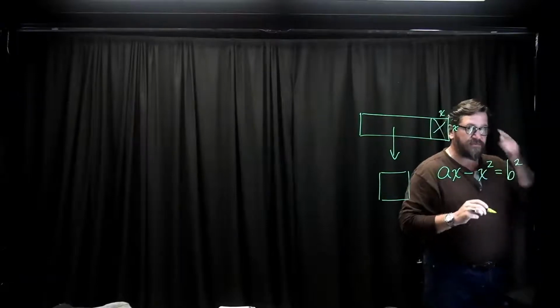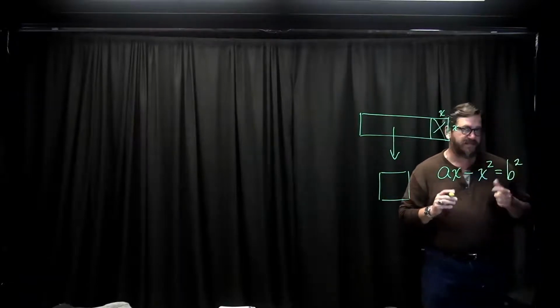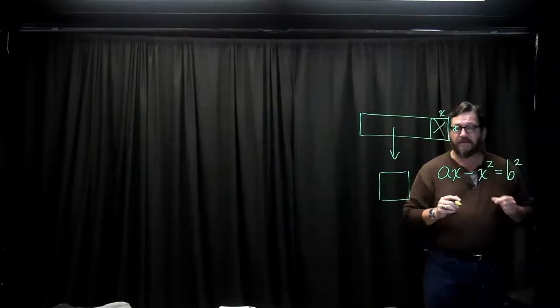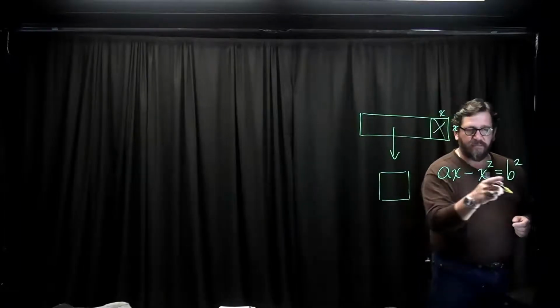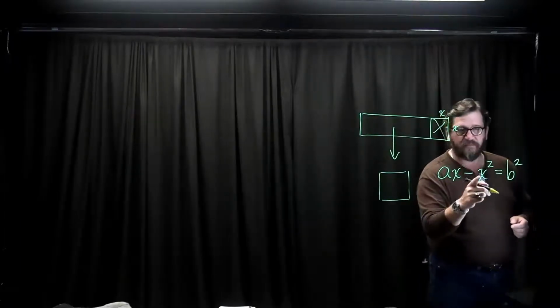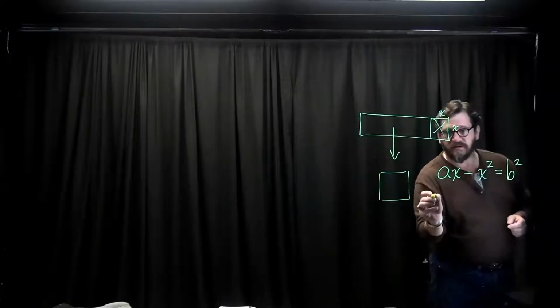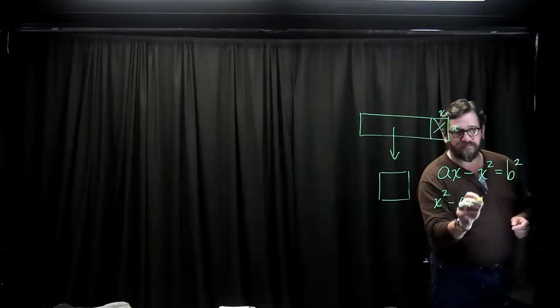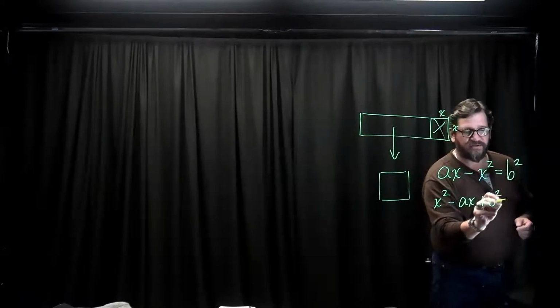Now, that sounds just wonderful, and it's not that hard, but there is something we need to consider here. And permit me to rewrite this, and I'm going to move my x squared over. So I'm going to have x squared minus ax plus b squared is 0.